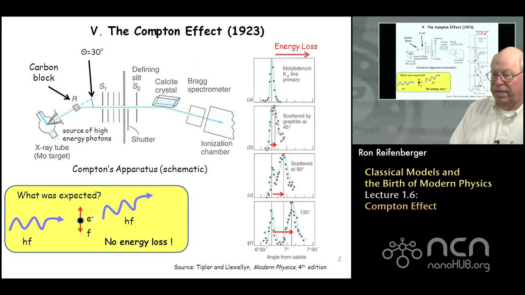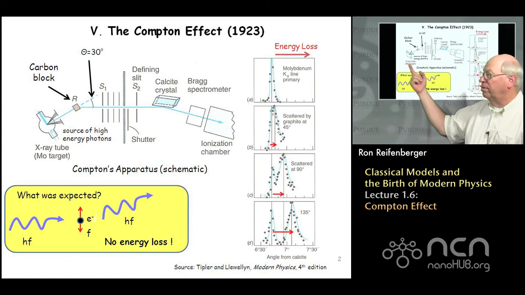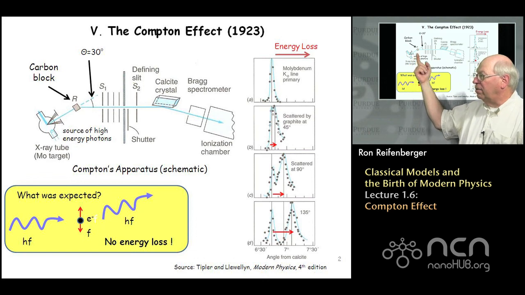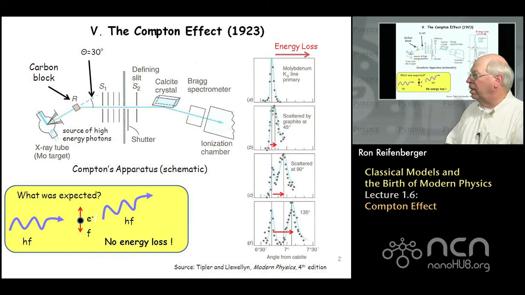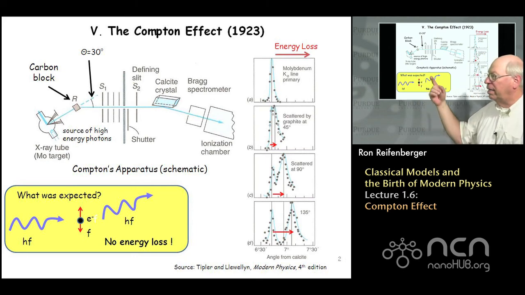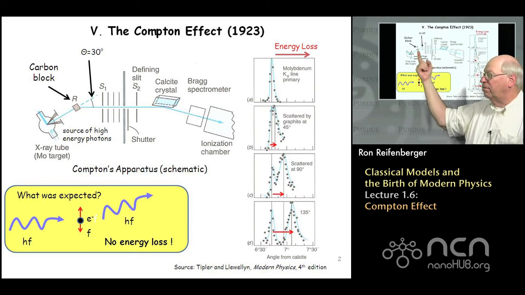And what he basically did was he took an X-ray tube. This produced energetic photons, so it's a source of high energy photons. He directed those X-rays onto a carbon block, which is in this diagram represented by this little square symbol. And he looked at the photons that were scattered by this carbon block.